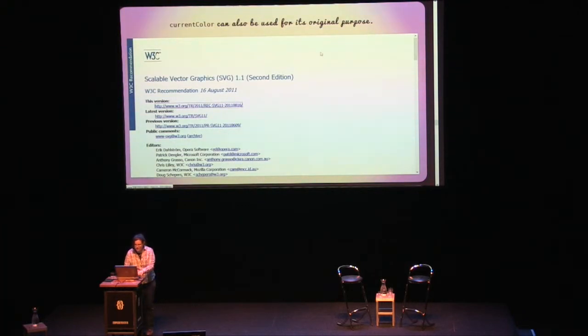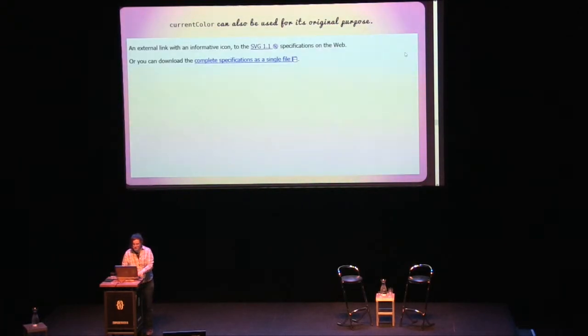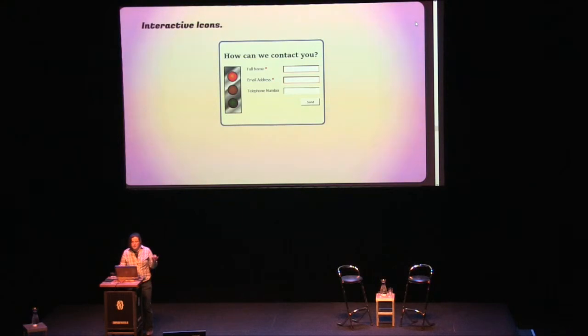Okay, can I backspace out of there and tab through? You can do interactive icons. So this is a demo I've created for the book I'm currently working on, of using form verification pseudo-classes.